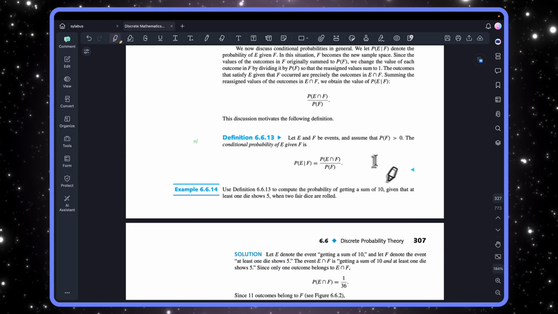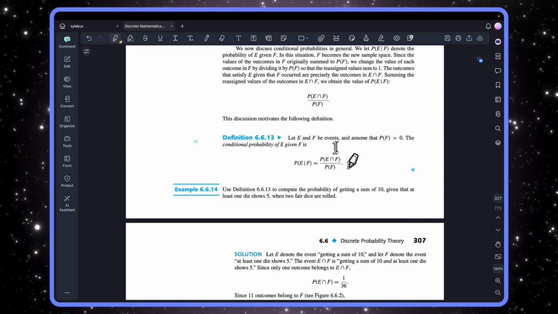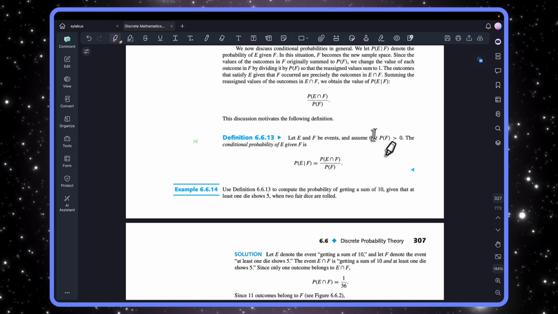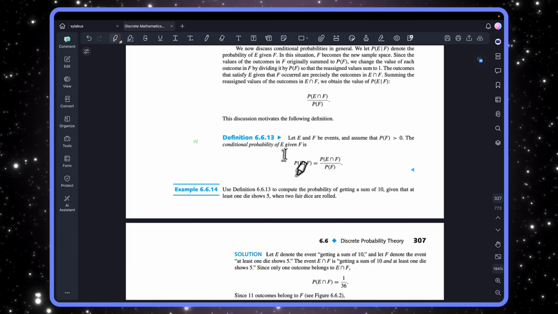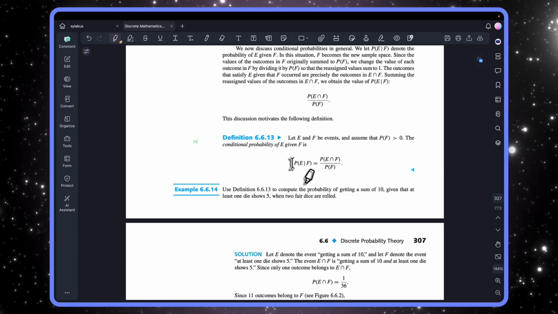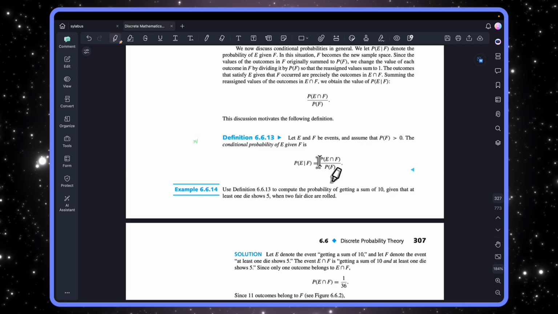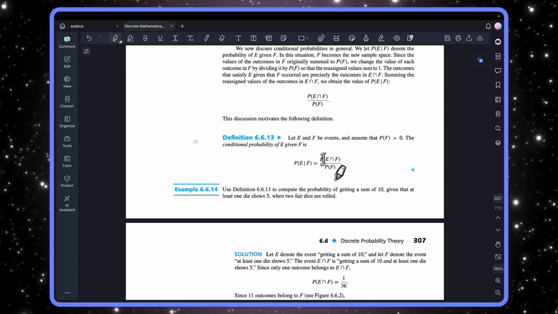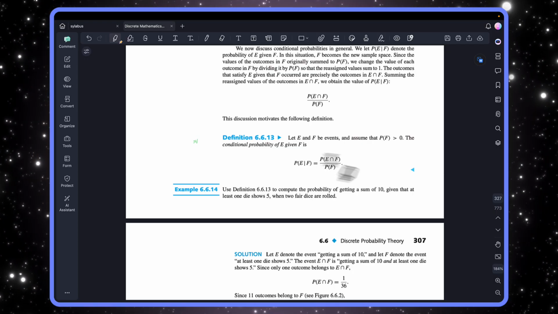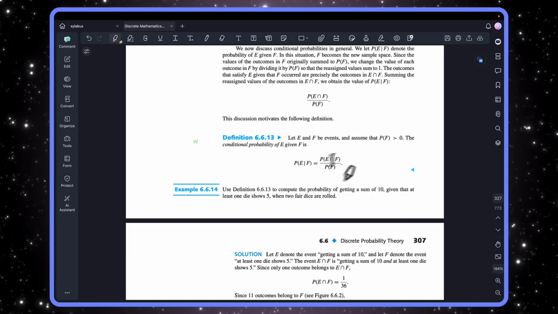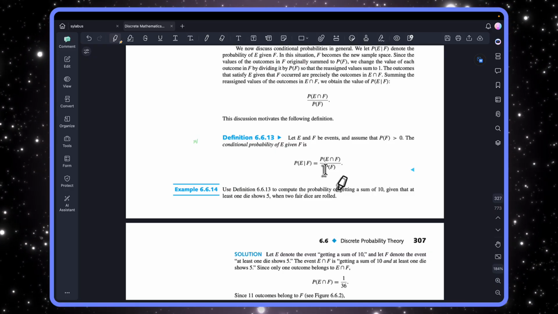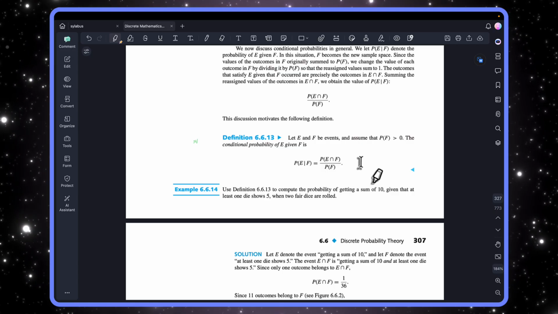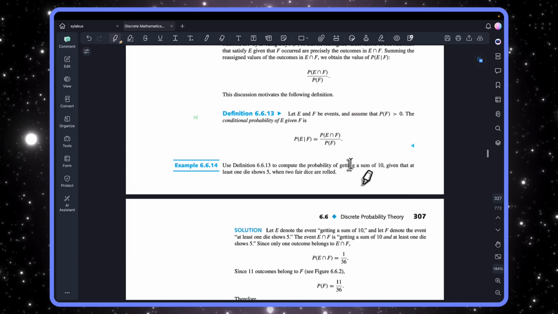So here we go. Let E and F be events, and assume that the probability of F is greater than 0. So the conditional probability of E given F is, well, here's our symbol, but you take the things that occur in E intersected with F, which counts up the number of things in the event that are also in F, and you divide by the probability of F, so that it makes sense, right?